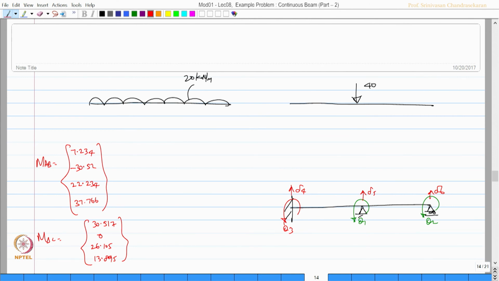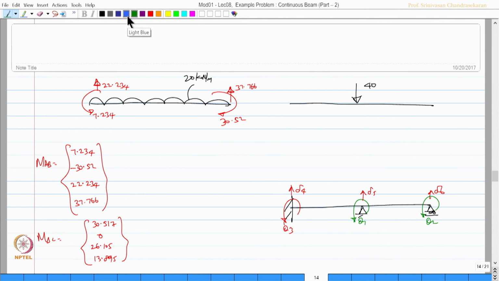So, now this is plus, so this is going to be anticlockwise 7.234, this is minus, so clockwise 30.52, this is positive, so upward 22.234 and this is upward 37.766.